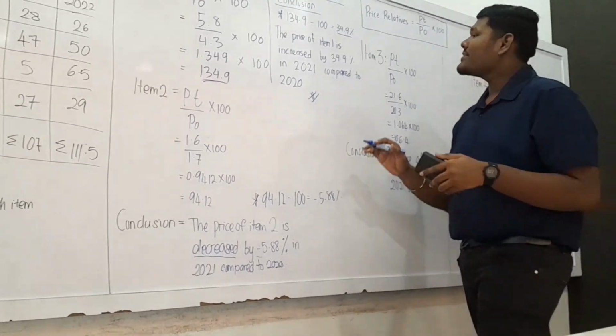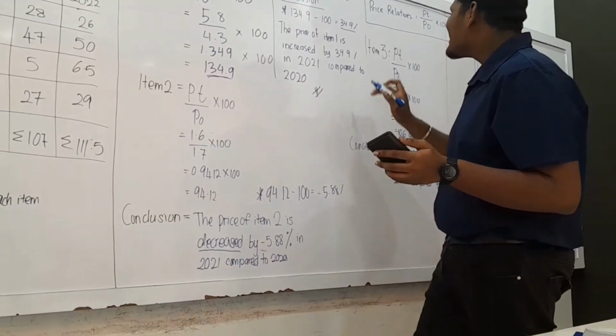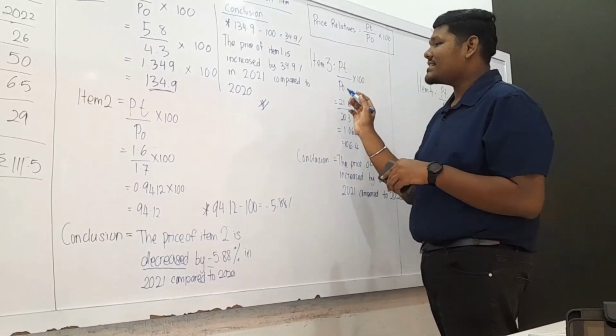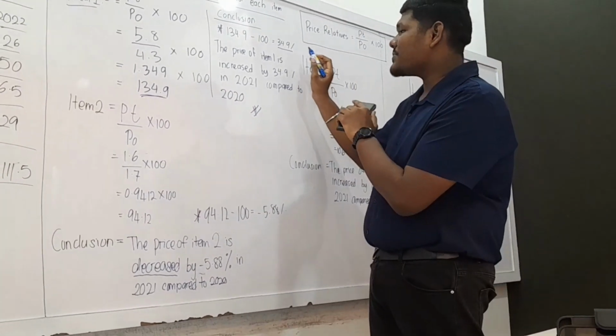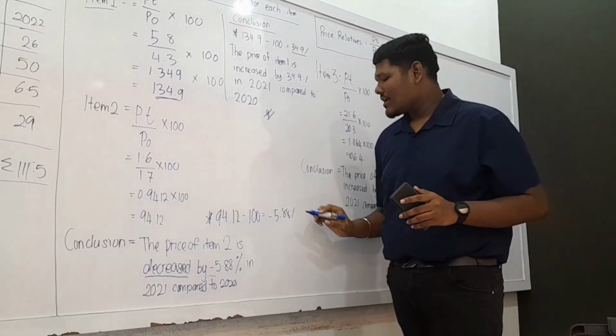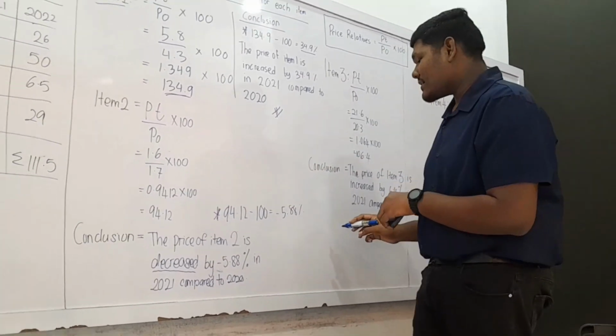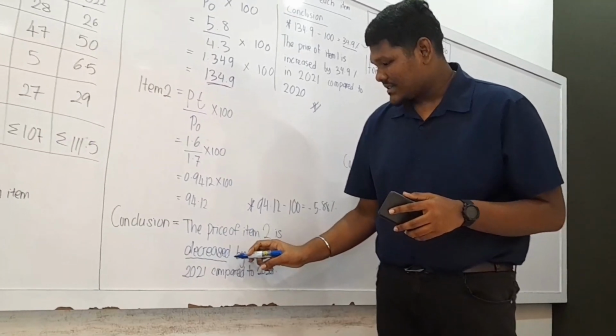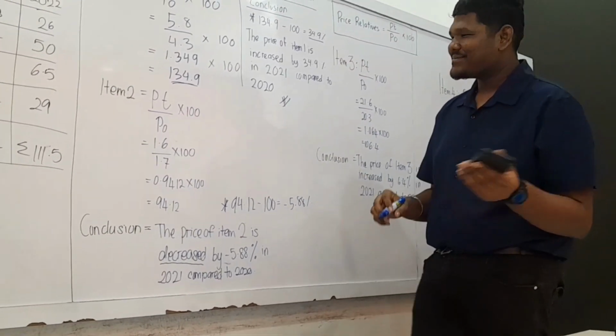If it doesn't have the negative, which means it's positive, it will begin to increase. But it turns out the answer came as negative, so the conclusion should be decreased.